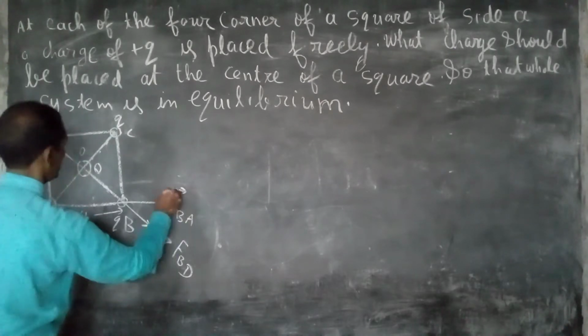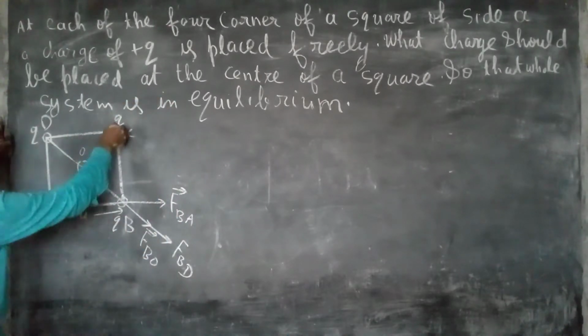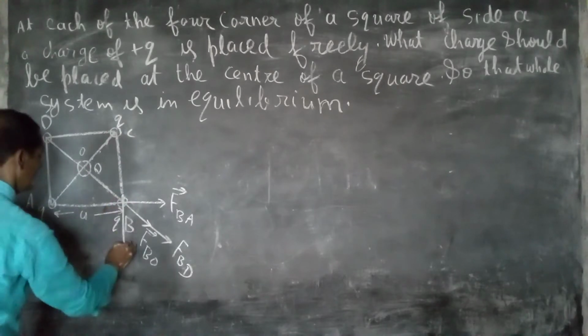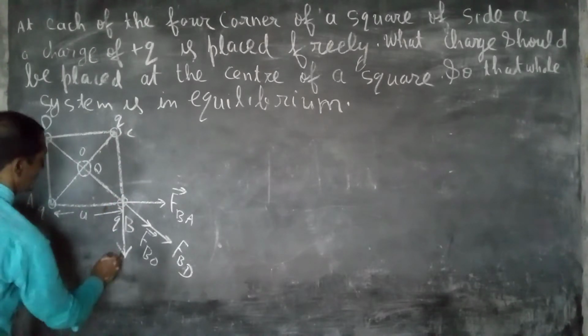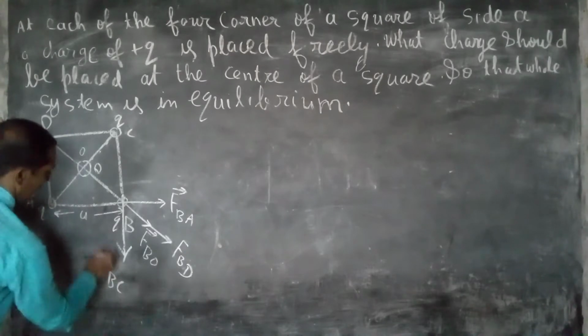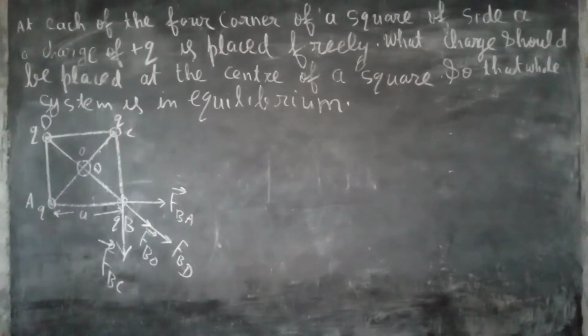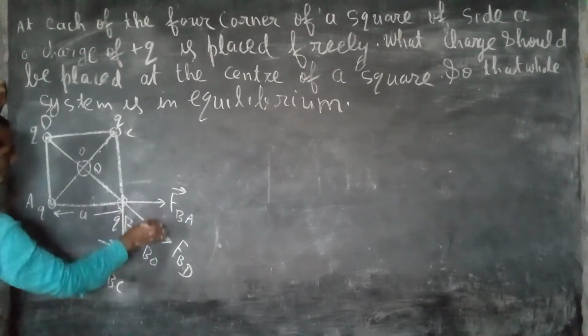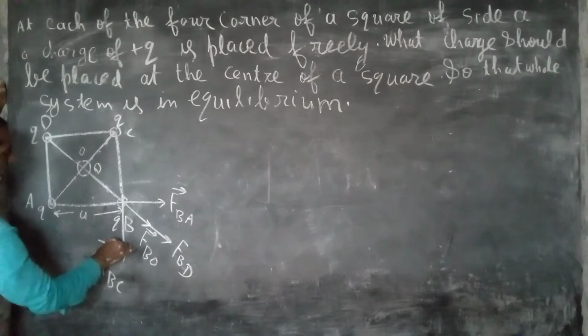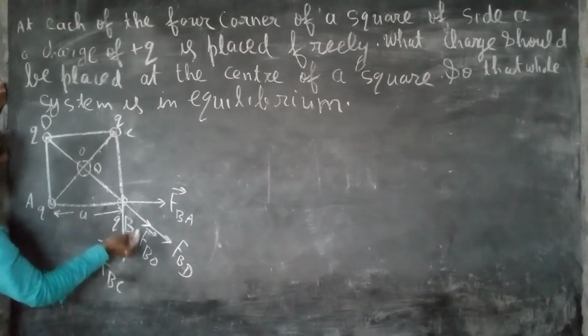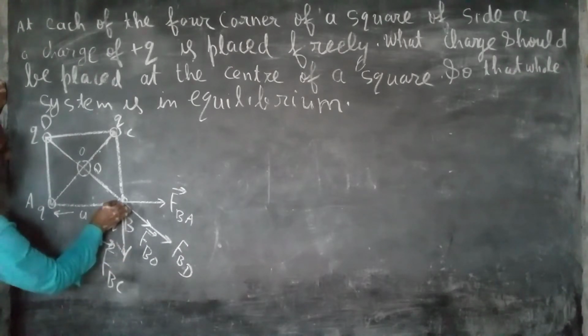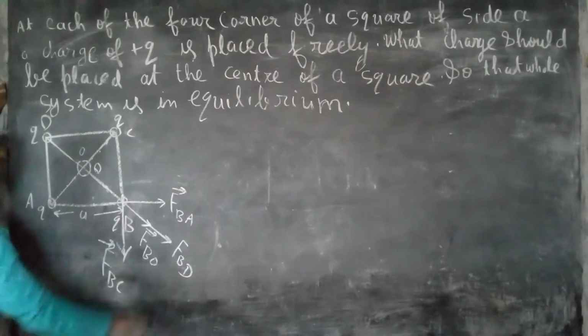And charge C repels B, so this is your FBC. So how many forces act on the charge located at B? 1, 2, 3, 4.